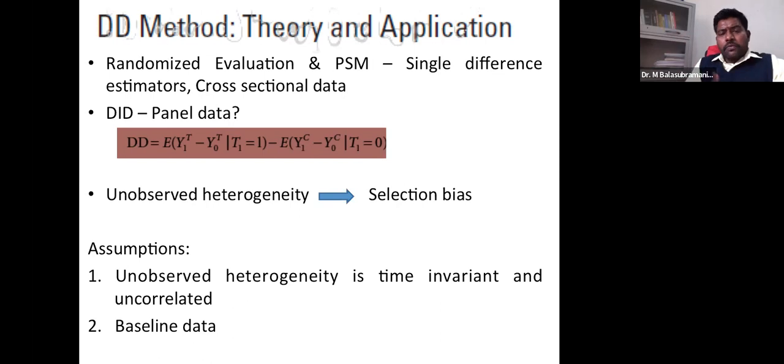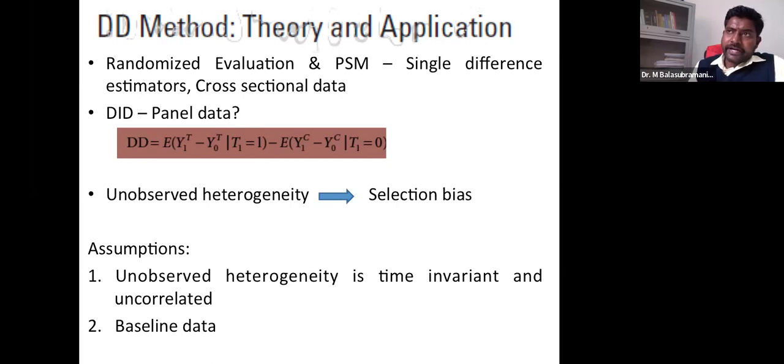So now in this model, the basic equation is the expected value E of y1t minus y0t over T1 equal to 1, minus the expected value E of y1c minus y0c over T1 equal to 0. Here the capital T indicates the technological intervention, which I have said already.